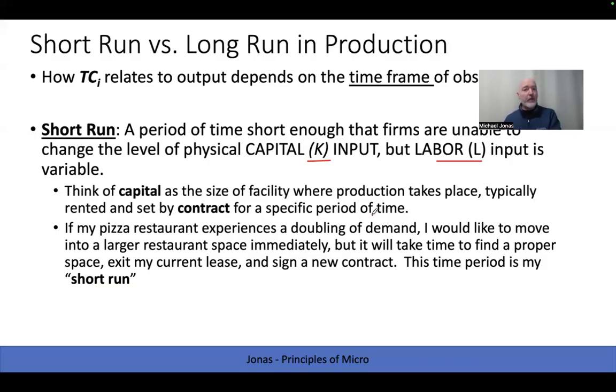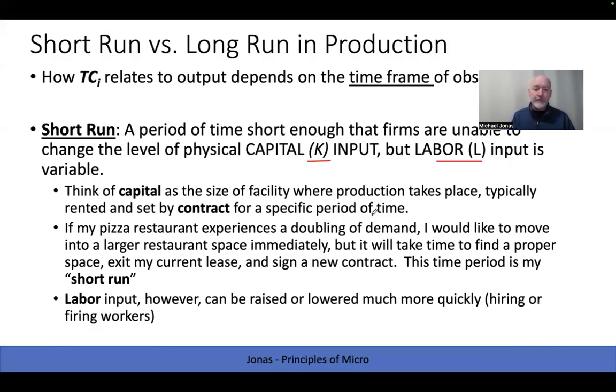In the long run, I might be able to do that, but if just because a busload of tourists come by and they all want pizza, I'm not going to move into a bigger restaurant to accommodate them. I can bring in additional workers for that day or have people work overtime for me. So labor is a lot more flexible than capital. That's the main point we're trying to get to here. So in the short run, labor is flexible, capital is fixed.